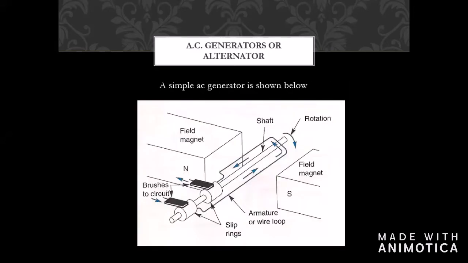Okay. All right. So now this is a simplified look at an AC generator, and I'm just going to use the simplified look to show you how magnetic induction takes place. All right. So you have a north pole and a south pole.